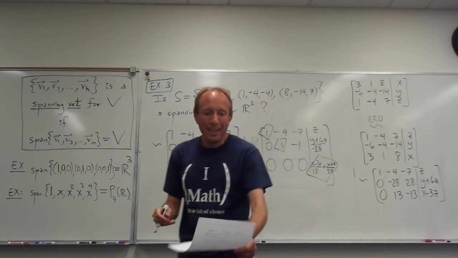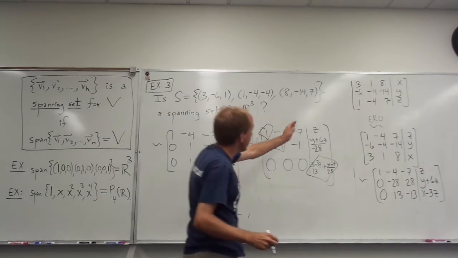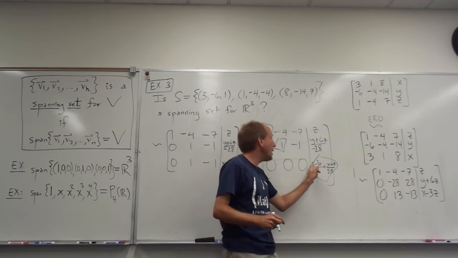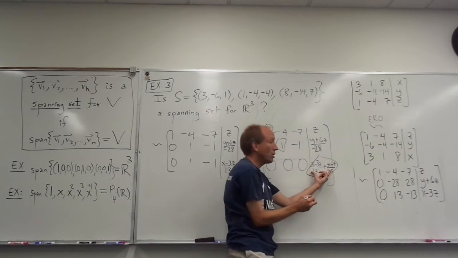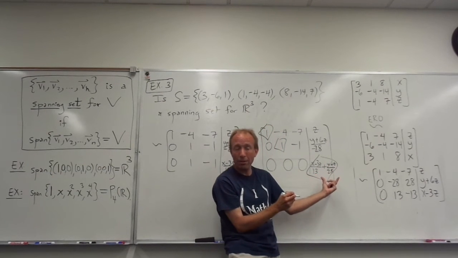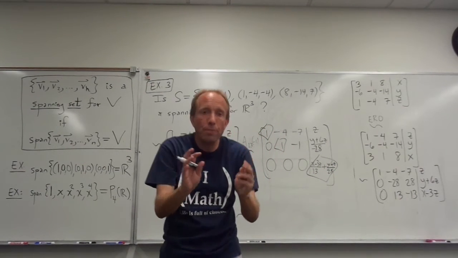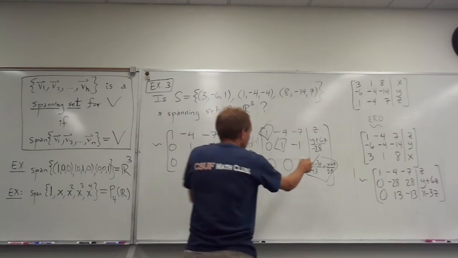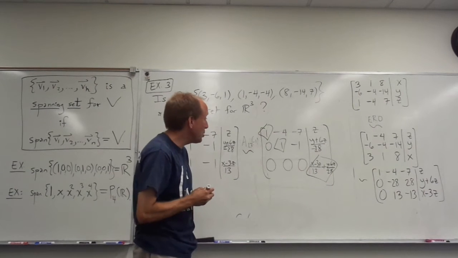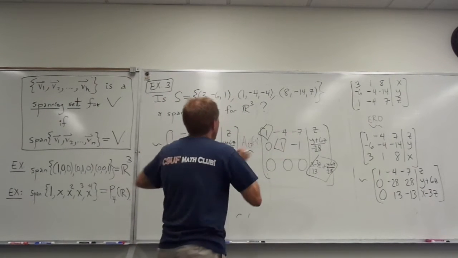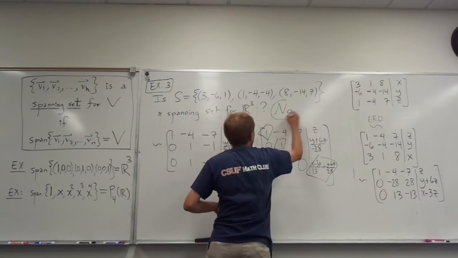There is a pivot in the far right column unless x, y, and z happen to make this equation cancel out. But for most values of x, y, and z, this is going to be a non-zero number, which means we have a pivot in the far right column, which means the answer here is no.